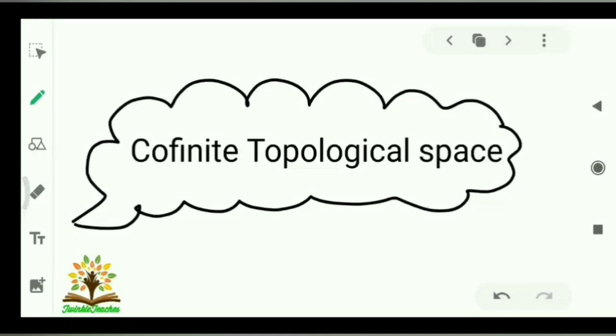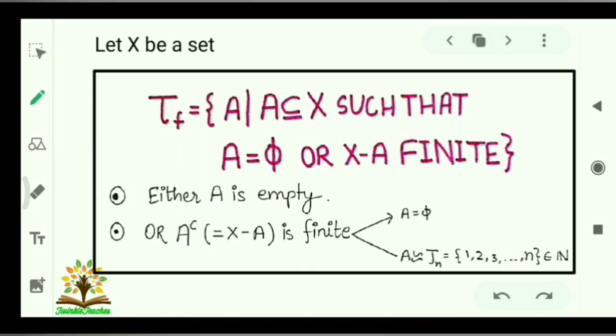Let's come to the next, co-finite topological space. Let X be a set, then co-finite topology on the set X contains members A such that A is a subset of X and either A is empty or the complement of A is finite.